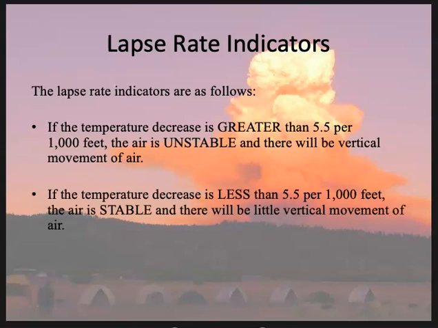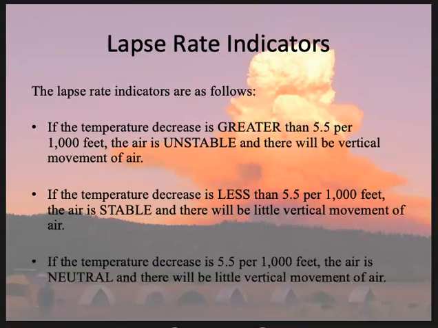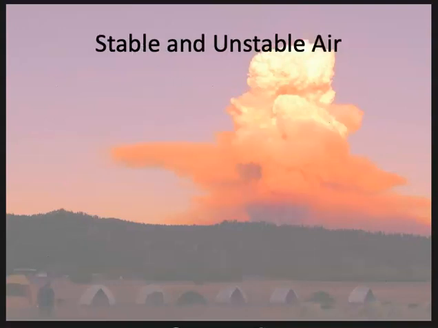If the temperature decrease is less than 5.5 per 1,000 feet, the air is stable, and there is not going to be a lot of vertical movement of air. If the temperature decrease is 5.5 per 1,000 feet, the air is neutral, and there's going to be very, very little movement of air.